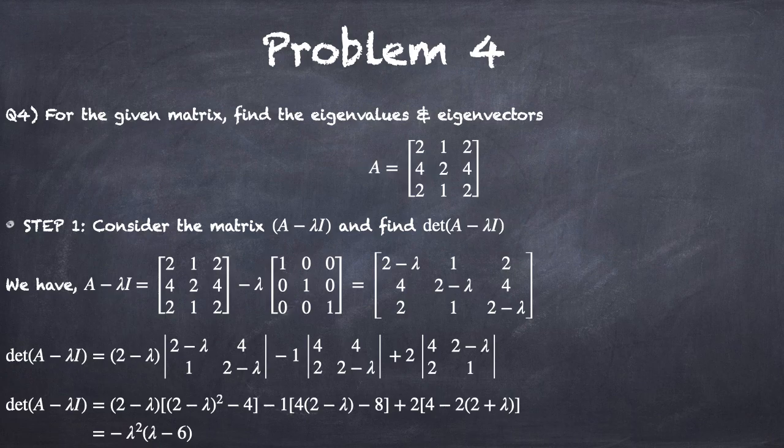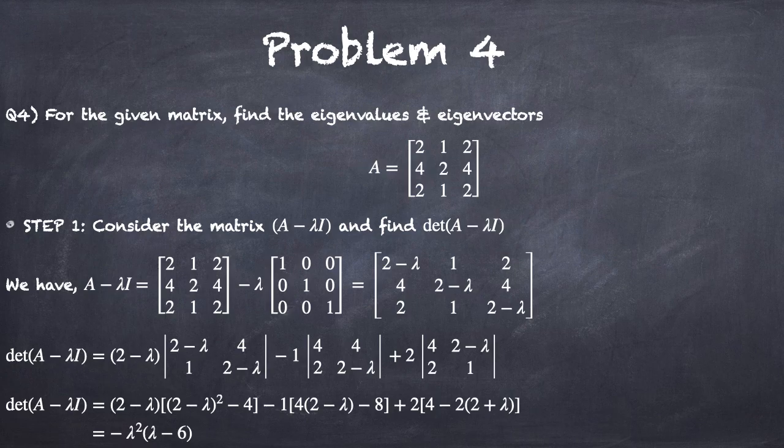So for the determinant of A minus lambda I, I use the cofactor method. I took the first row of the matrix and considered the first entry of the first row, which is 2 minus lambda, and then I deleted the first row and the first column and multiplied it with the first cofactor. The first cofactor is the bottom 4 entries on the right of the matrix, which gives us 2 minus lambda, 4, 1, and 2 minus lambda.